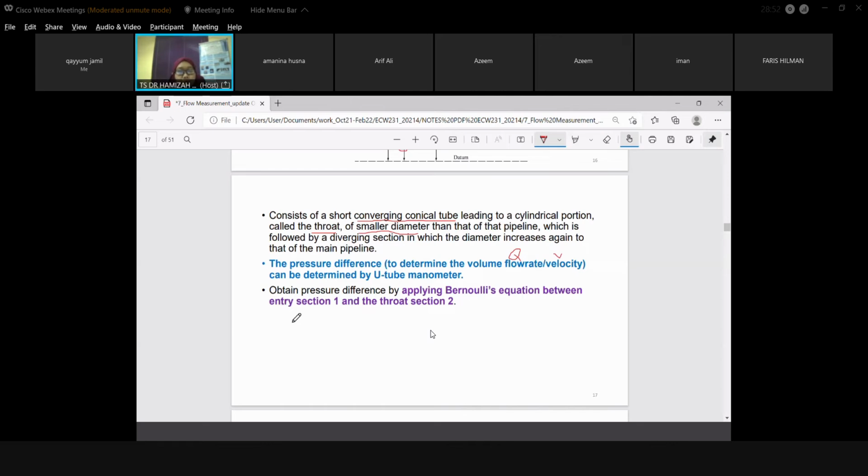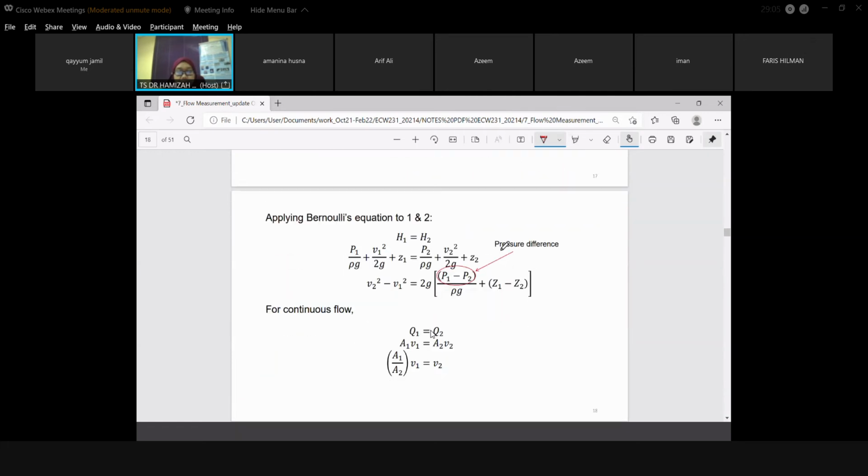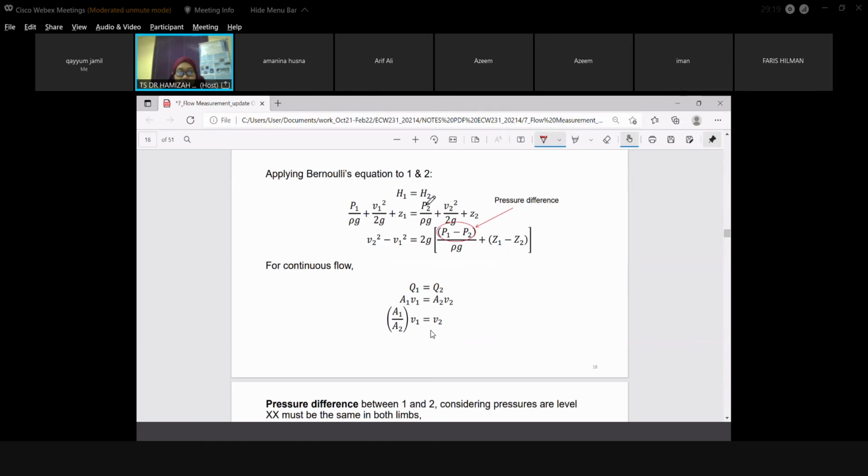Okay, so we can apply Bernoulli equations for a venturimeter. And lastly, we use the formula of continuity to find the discharge.